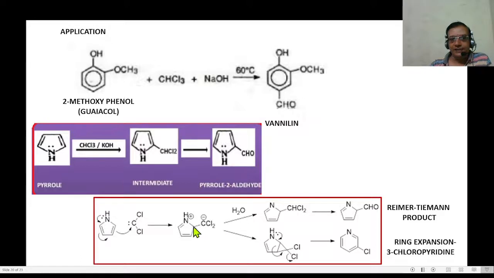Whereas in some cases, this lone pair of electrons existing over here can lead to ring expansion to get the pyrrole into pyridine. So the 5-membered ring undergoes a 6-membered ring expansion to form a pyridine. The ring expanded product is called 3-chloropyridine. In some cases this can be possible. So based on spectral analysis, we can confirm whether there is formation of the formyl product or a ring expanded product in the particular reaction.